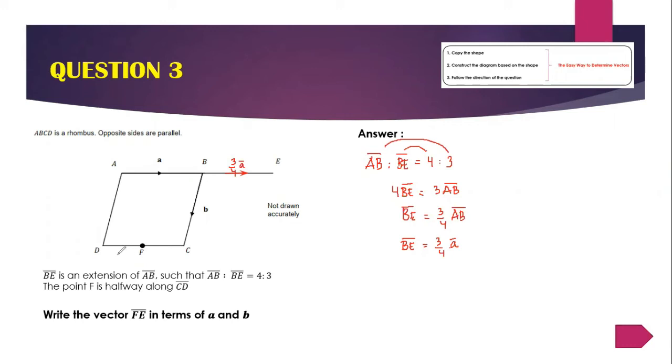So vector DC is parallel to vector AB, which means it equals vector a.